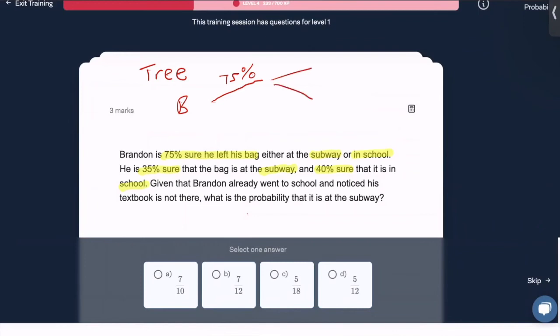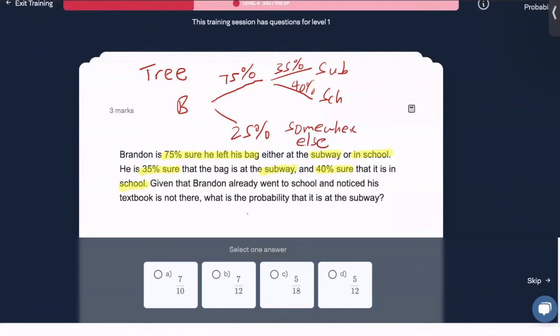Out of which he is 35% sure that it's at the subway, 40% sure that it's in school, which means that 25% of him thinks that it is somewhere else. Fair? I think that's fair.